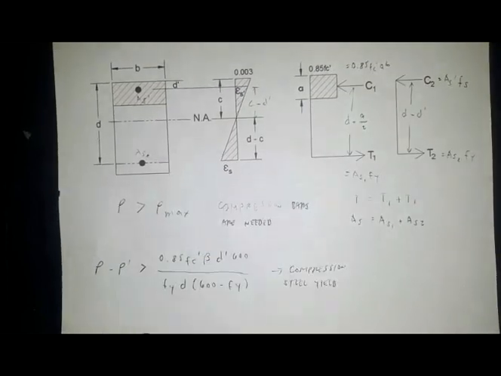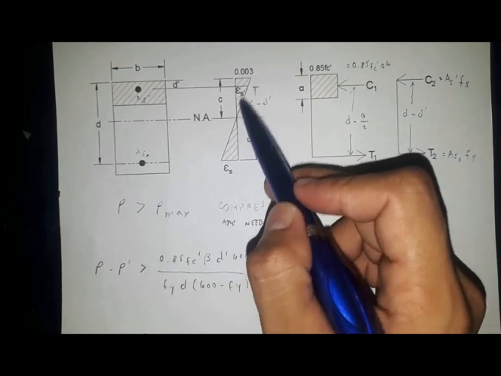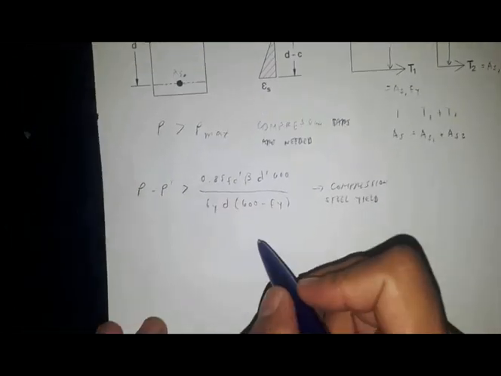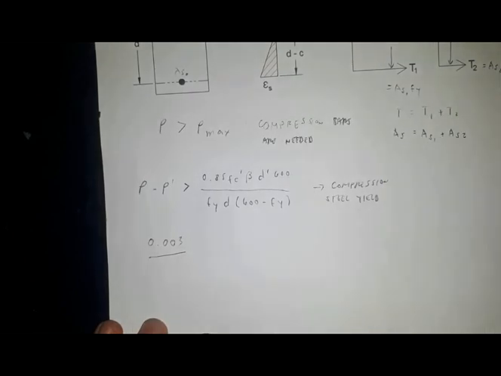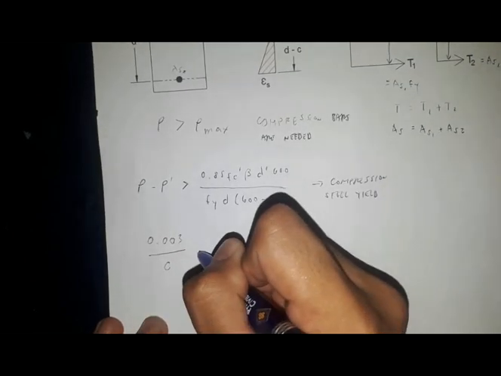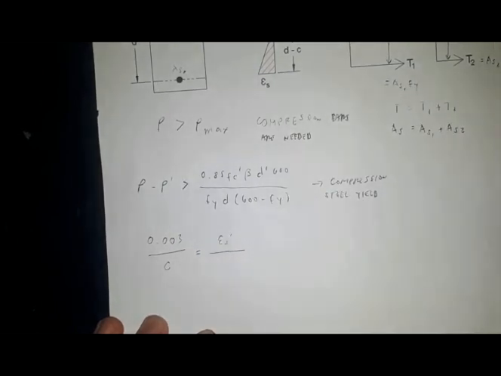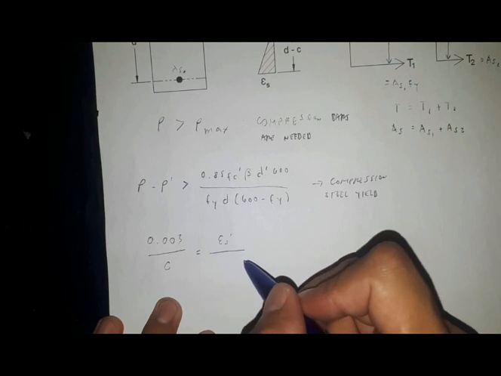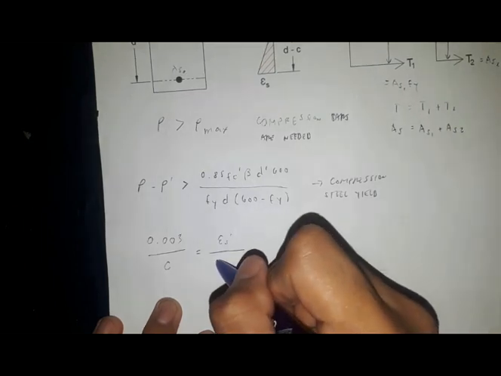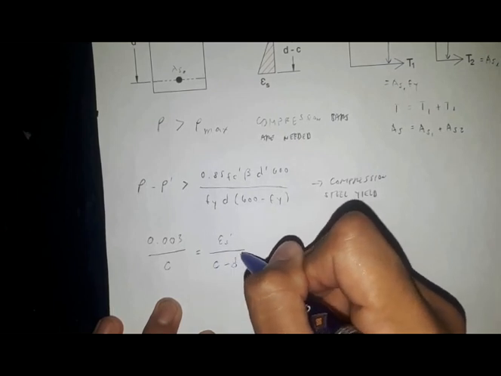If we draw the ratio and proportion between this triangle and this triangle, we have 0.003 over C equals the strain of the compression steel or compression bar over C minus D prime.